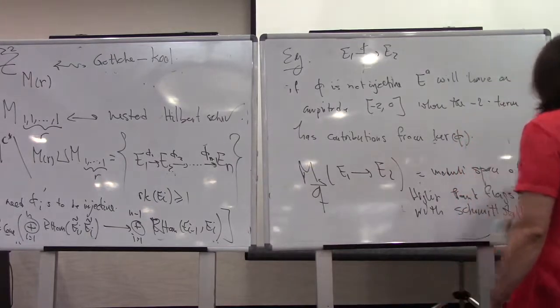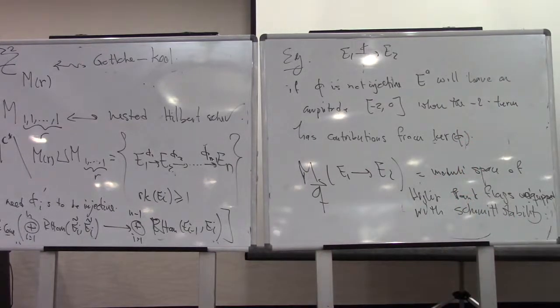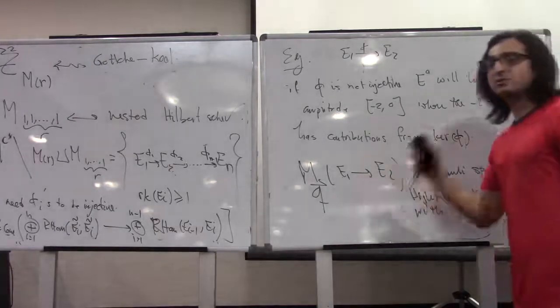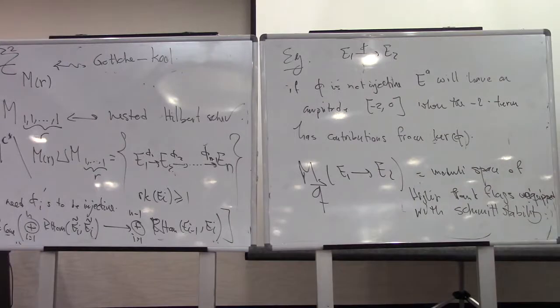Those of you who have been working on moduli spaces of vector bundles on curves probably remember these Bradlow pairs and Bradlow triples and things like that. So these are very similar, except their support is a surface. If you look at their work, you will see that there is a notion of Schmitt stability for quivers.